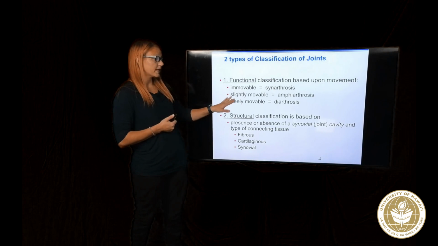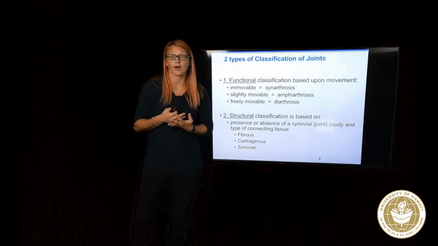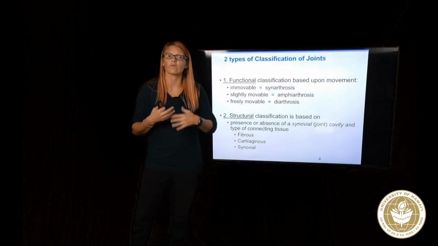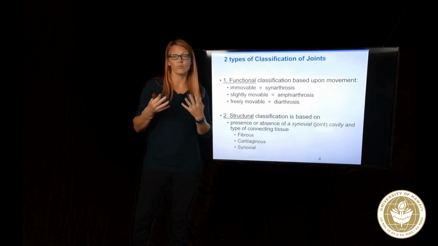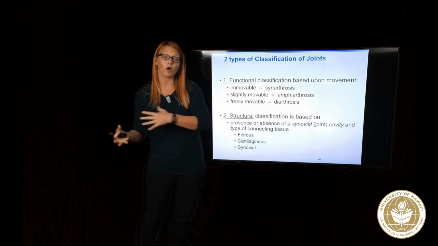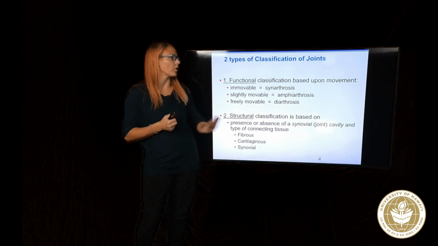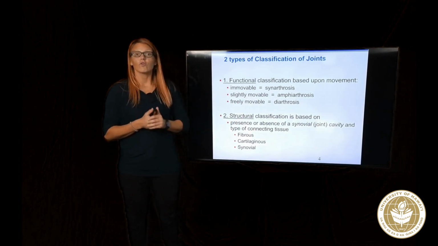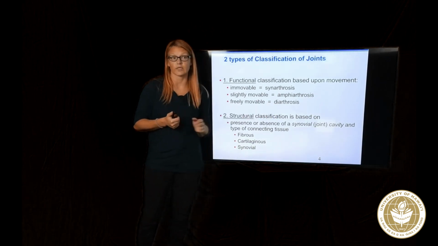Slightly movable is amphiarthrosis. I like to tell students, remember amphibians, they live both on land and in the water. Amphibi means both, so they're moving back and forth between the two. Amphi is not fully movable, but not immovable. It's kind of the in-between. So slightly movable is amphiarthrosis. And then we have freely movable joints, and these are diarthrosis joints.